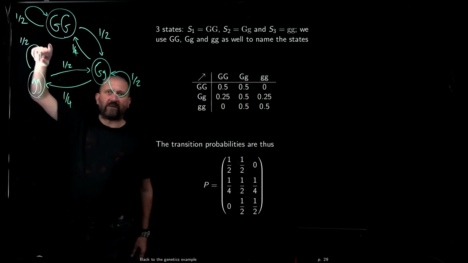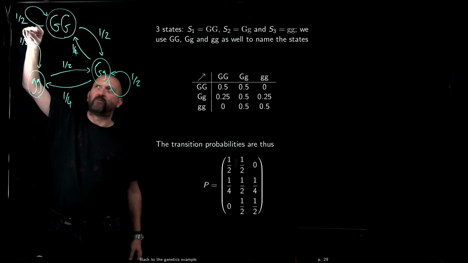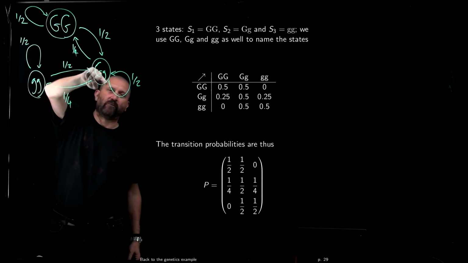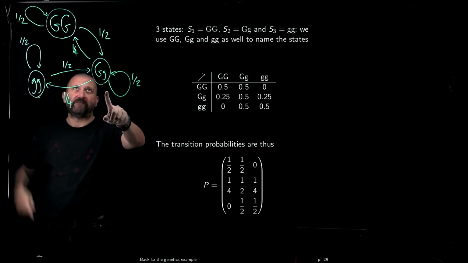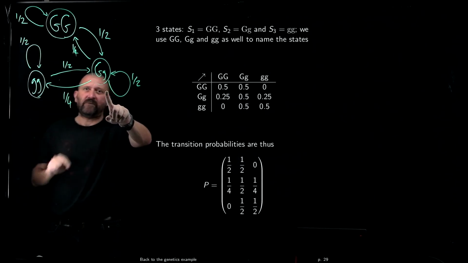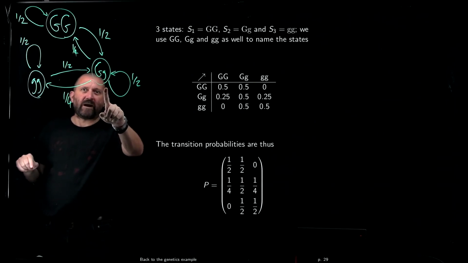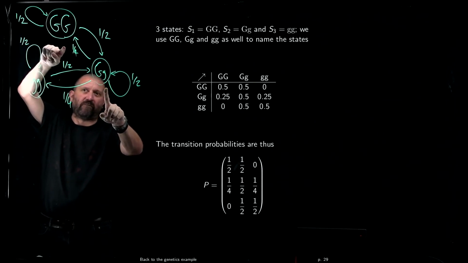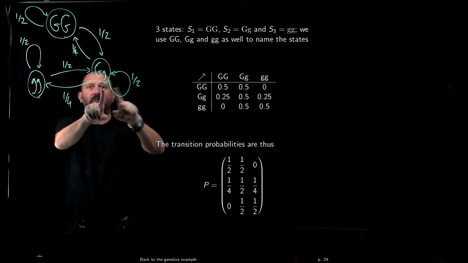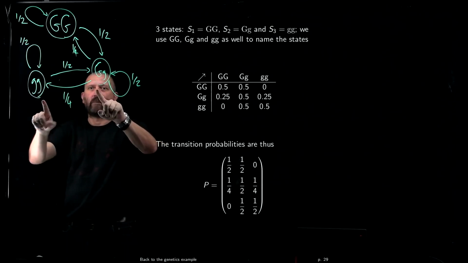Okay, the probability of moving from GG into GG is 1/2, into hybrid is 1/2. Okay, 1/2, 1/2. The probability of moving from hybrid into dominant is 1/4. The probability of remaining hybrid is 1/2, and the probability of becoming recessive is 1/4.